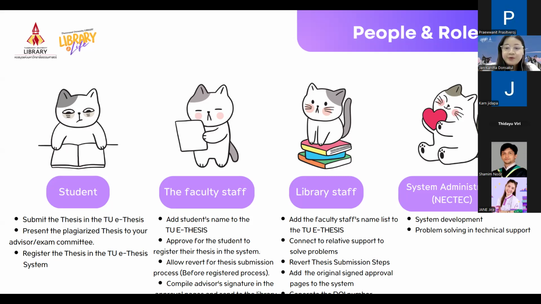Library staff will revert the thesis submission step for you, and will add the original signed approval page to the system to complete your thesis or research and prepare to publish it on the TUDC platform. The library staff will also generate the DOI number for your work. The last one is the system administrator or Nextech. They handle system development and solve problems in technical support.